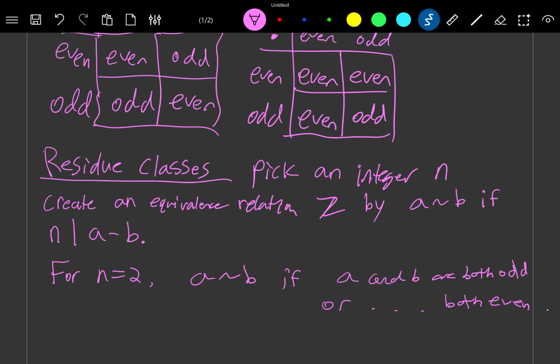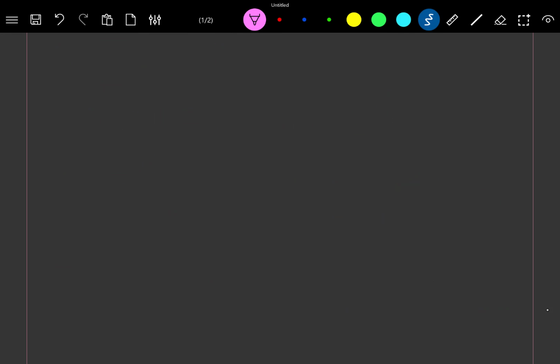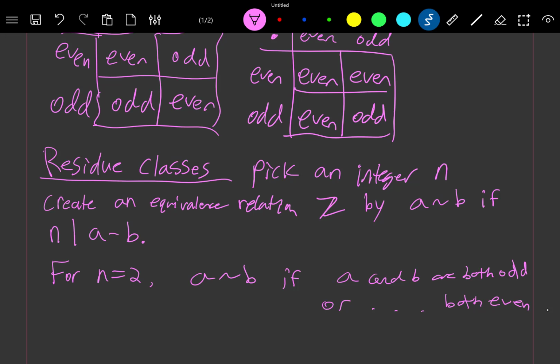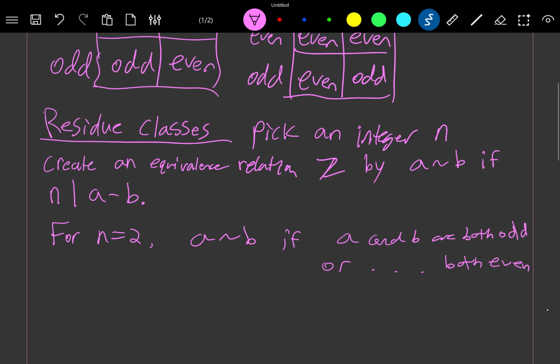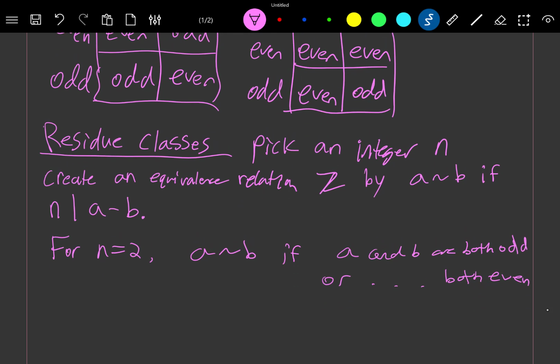You could ask, what do odd and even mean? Odd just means you're of the form 2n plus 1 for some n. Even means you're of the form 2n. This gives us that the equivalence classes are going to be the odd and even numbers.